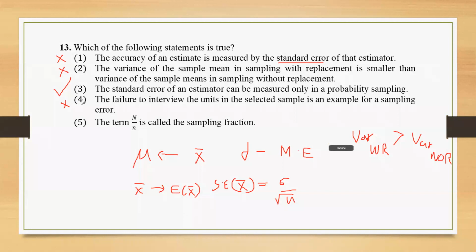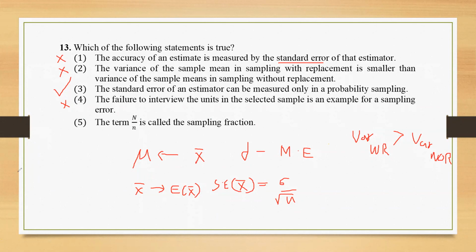Fifth one, the term capital N divided by simple n is called the sampling fraction. So actually it is not the sampling fraction, right? It is the sampling interval. The capital N බෙදීම simple n කියන්නේ sampling fraction එක නෙමෙයි.